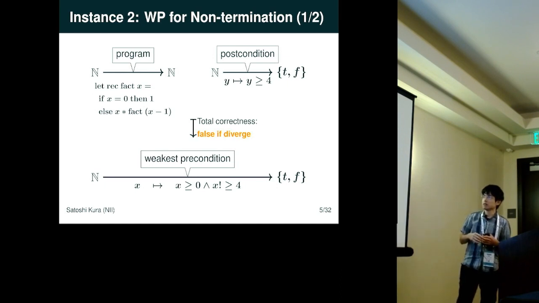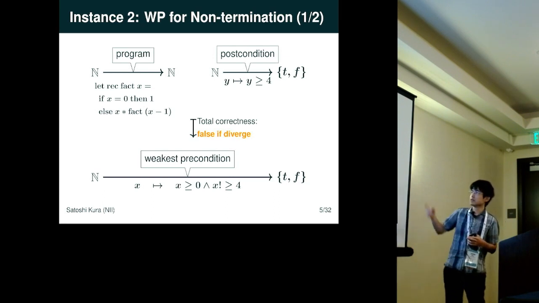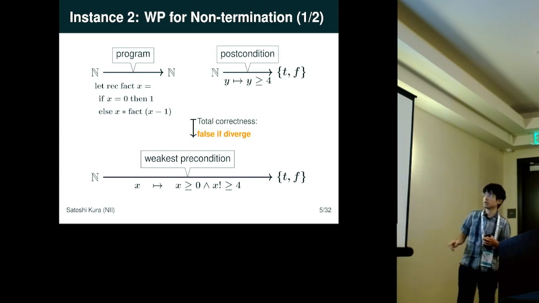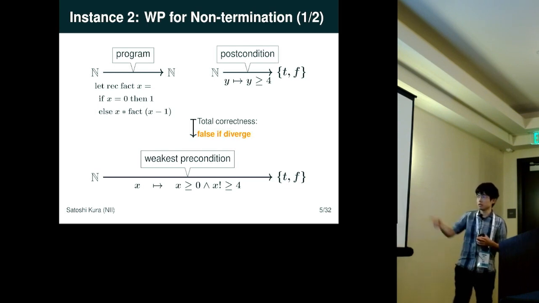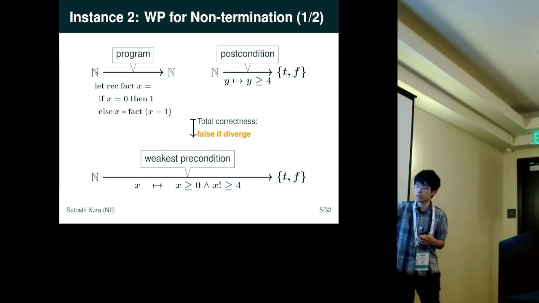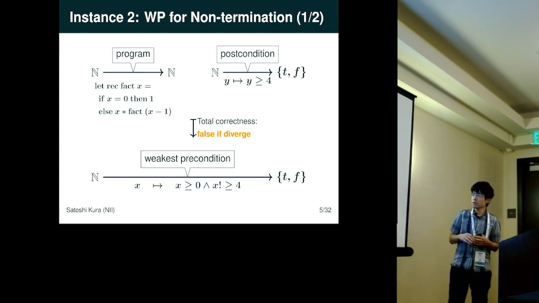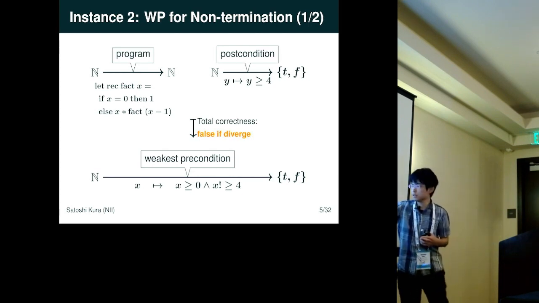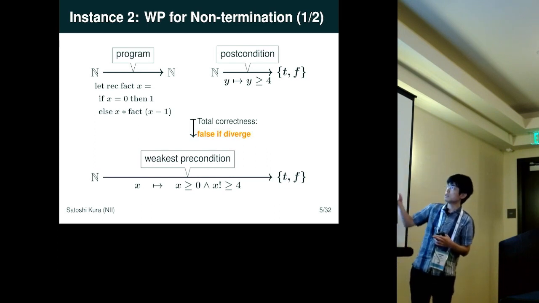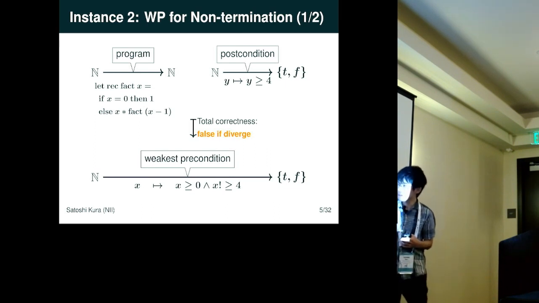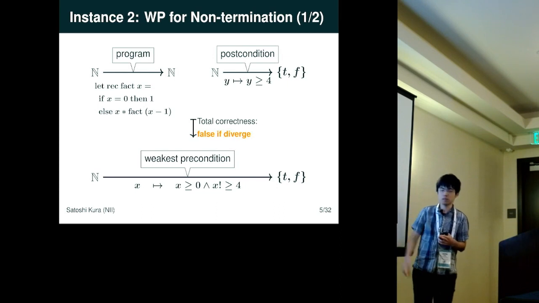If we consider that the post-condition is not satisfied when the program diverges, then the weakest precondition is given like this. This is called the weakest precondition for total correctness. This condition basically says that the program terminates and the output satisfies the post-condition.